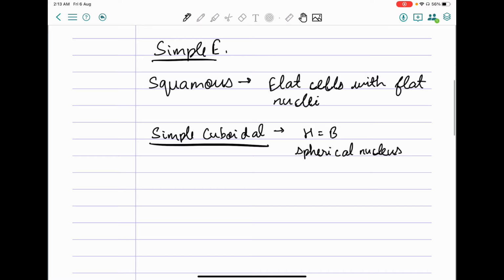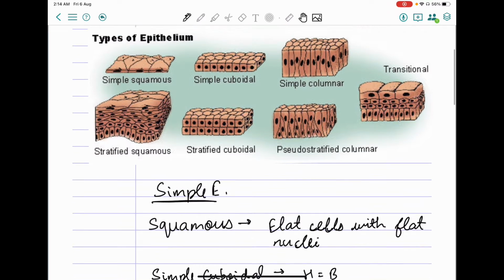Now next, that is columnar. What is different in columnar? In columnar, height is more than breadth, and their nucleus is oval shaped.